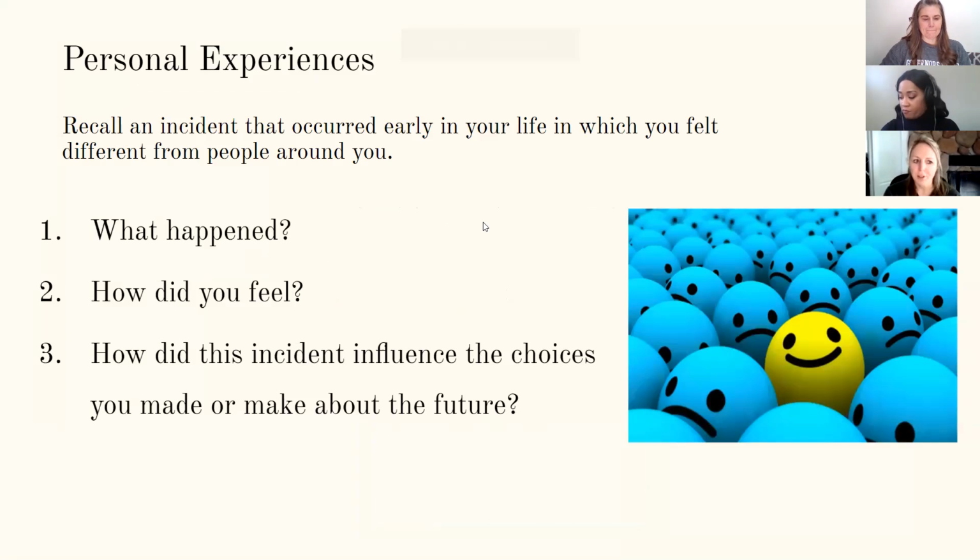So if you could reflect for a minute, recall an incident that occurred early in your life in which you felt different from people around you. Picture this incident in your head. What happened? How did you feel?